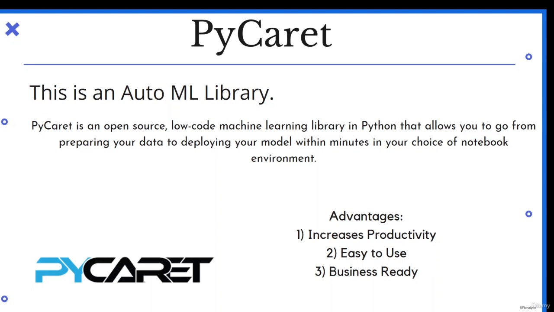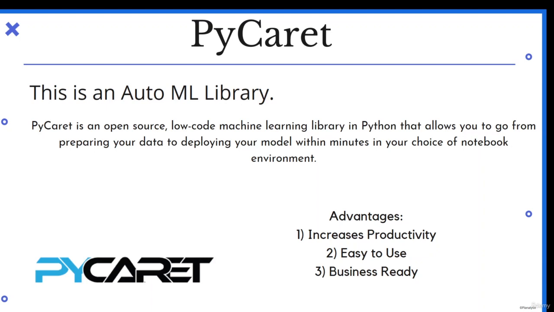The auto machine learning library we will be using in this project is Pycaret. Pycaret is an open source, low code machine learning library in Python that allows you to go from preparing data to deploying your model within minutes in your choice of notebook environment. I'll be explaining the concepts and the various methods in the upcoming sections.